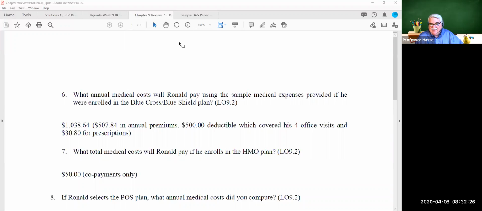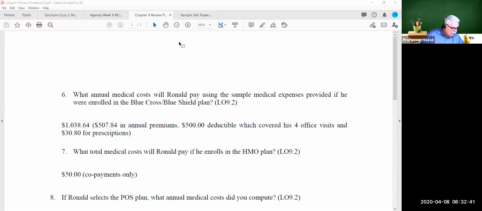What that means is that's what you have to pay before the insurance kicks in. You add all that up, $1,038.64 in annual payments to have health insurance under the Blue Cross Blue Shield plan.